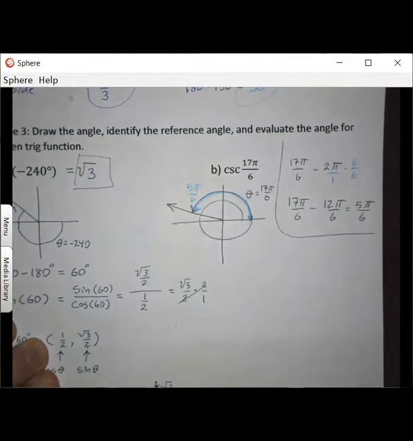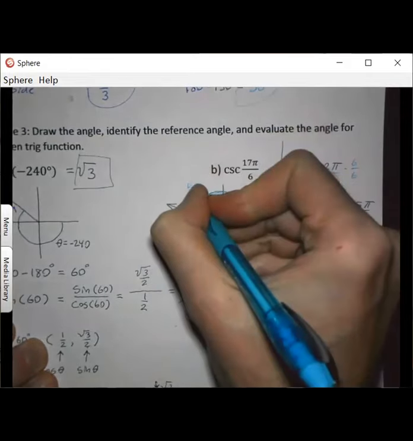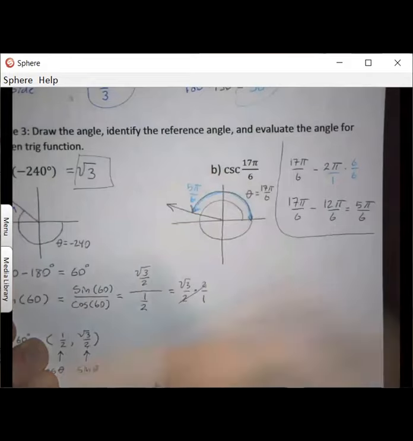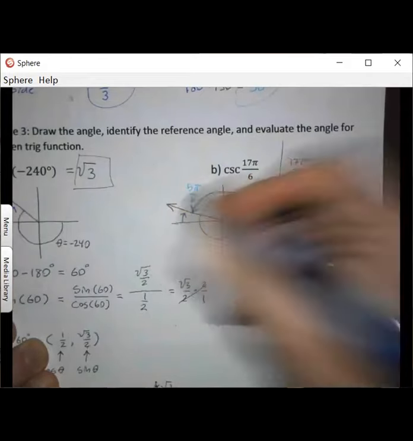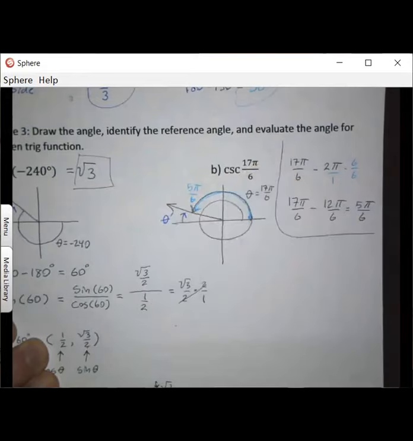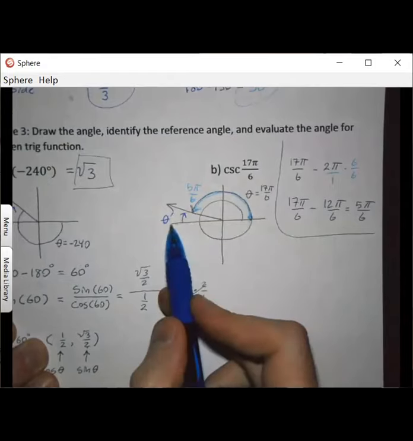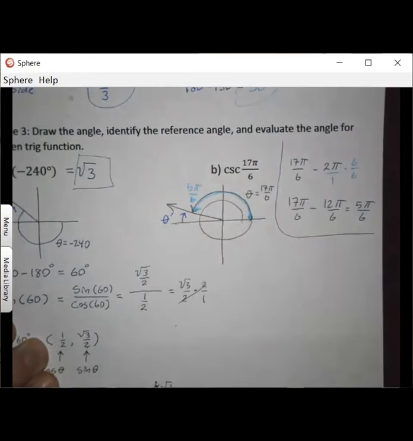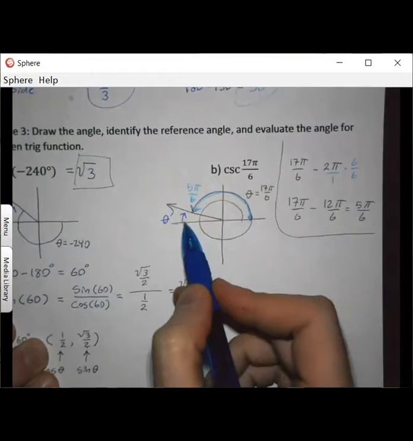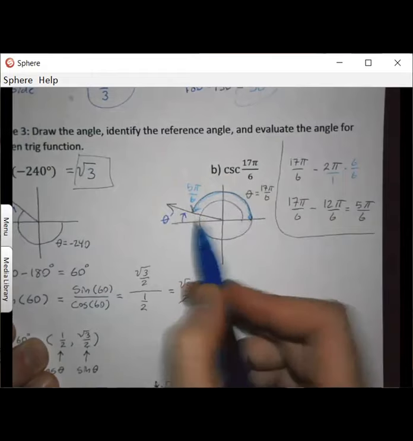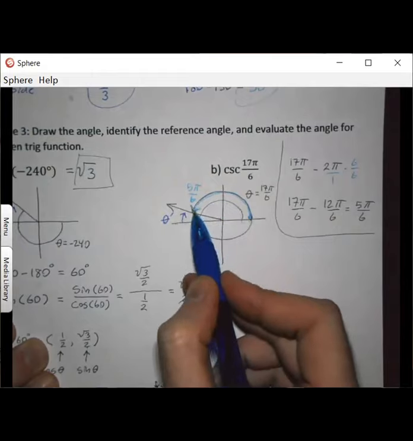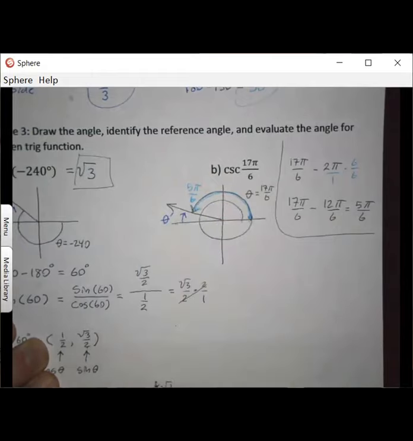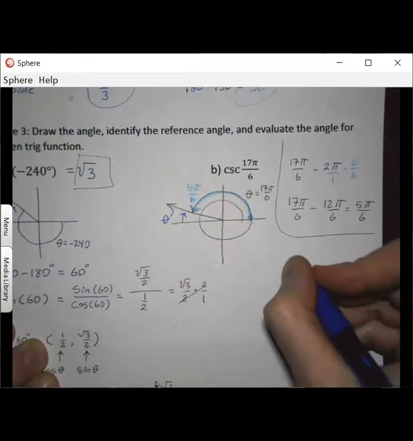But I want our reference angle. So I want this angle right here, our theta prime. So we have a half circle here. Remember, a half circle in radians is pi. So half is pi. If I take away my 5 pi over 6, I'll get my reference angle.